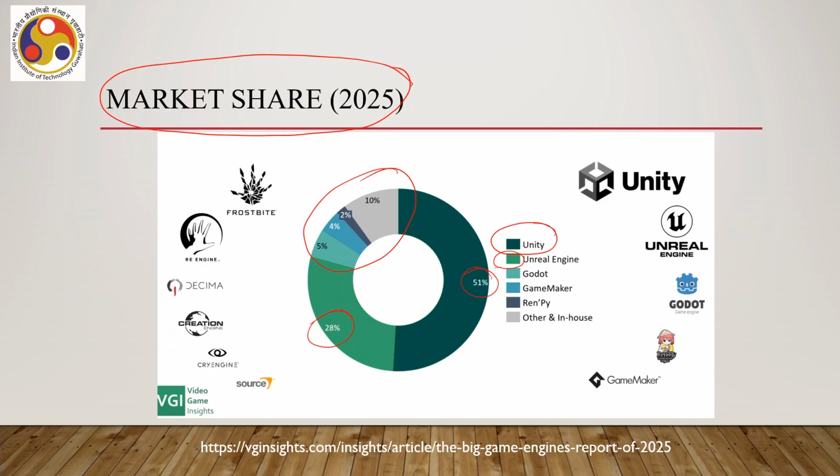So, we can say that Unity 3D is quite popular, and Unreal Engine is also quite popular. Unreal Engine's major features can be freely available, whereas Unity Engine is proprietary. It has a free version, but that comes with limitations. Proprietary versions give more flexibility.